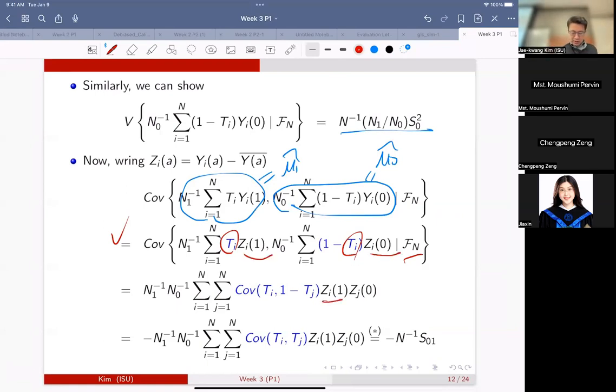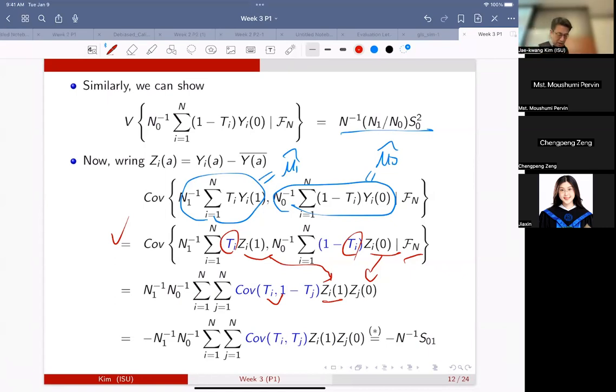This is constant. It's just constant. And then the covariance of T_i and 1 minus T_j is equal to the covariance of T_i and T_j with a minus, because the covariance between T_i and 1 is 0. Covariance of a random variable and a constant is 0. So the only thing left is this guy, which has a minus in it.